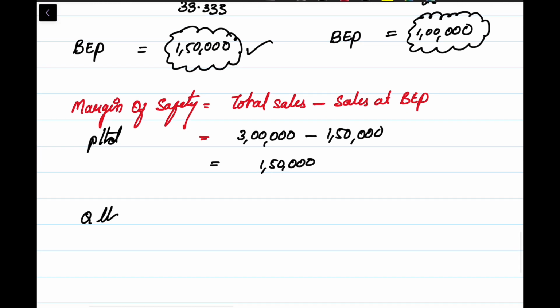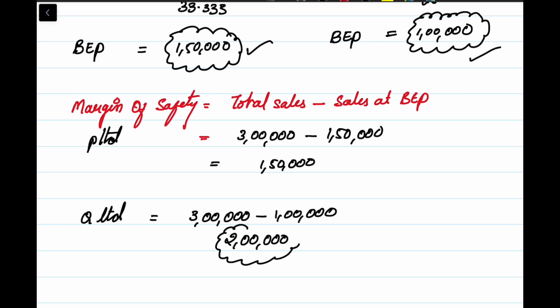Q Limited total sales 3 lakh. This is given in the question, so I'm taking the same number, 3 lakh minus 1 lakh. So 2 lakh for Q Limited.